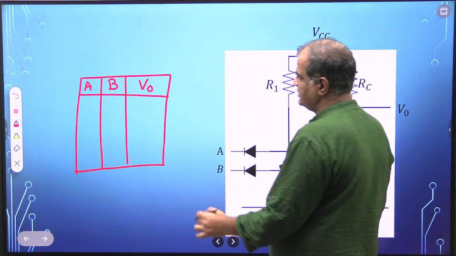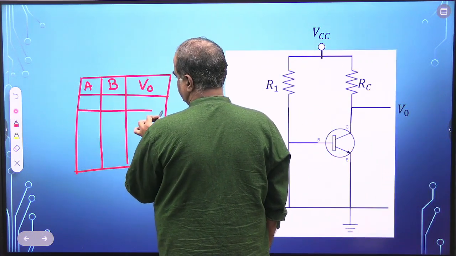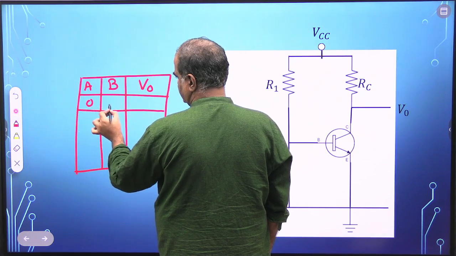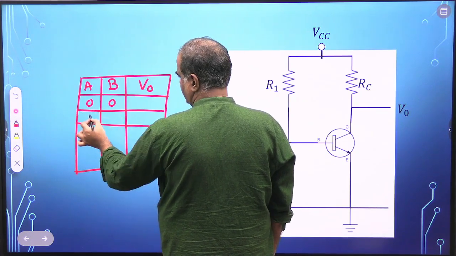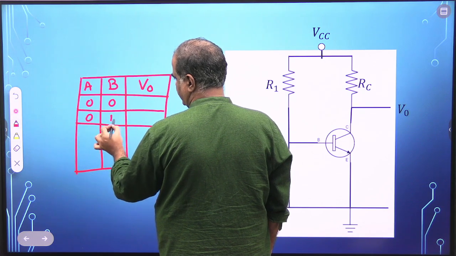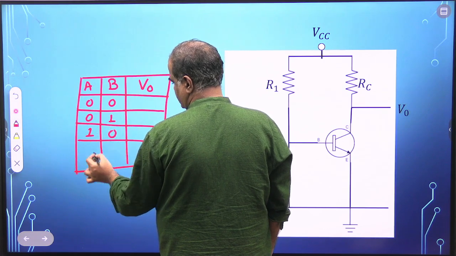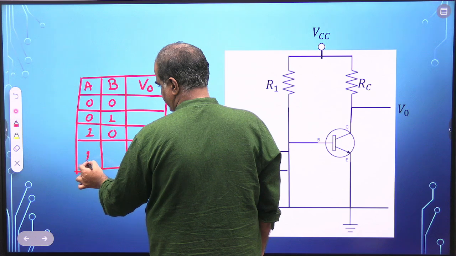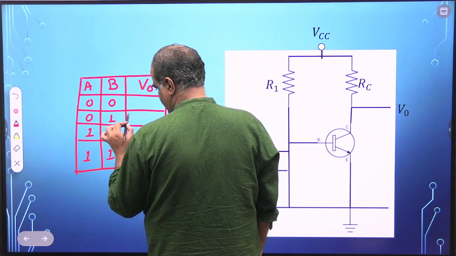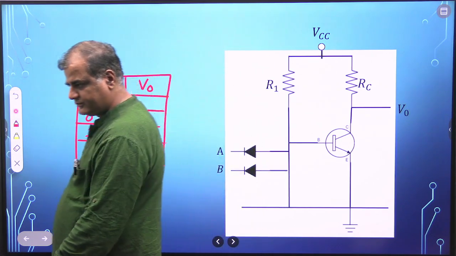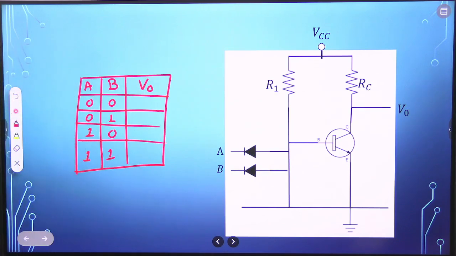Okay, so this is 0, 0, 0, 1, 1, 0, and then 1. NAND बताओ तुम क्या NAND है कि NOR है क्या है?